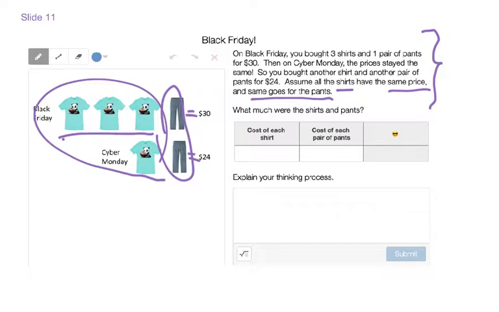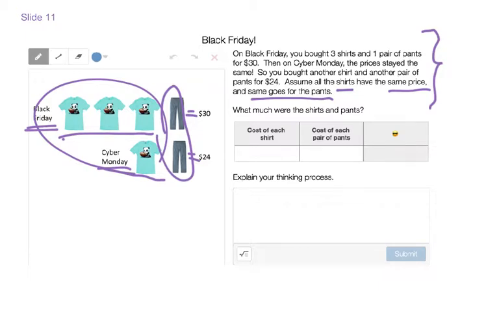So again, we're going to look at a system of equations. Think back to Roxy when she bought her toys. Well, this is the same thing. We're buying something, but we're buying it on different days. Day 1 is Black Friday. Day 2 is Cyber Monday. So let's go ahead and assign some variables.